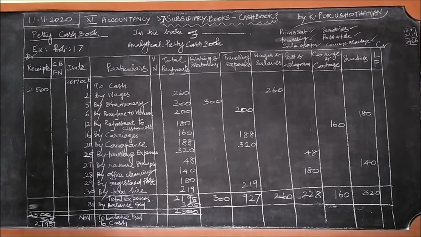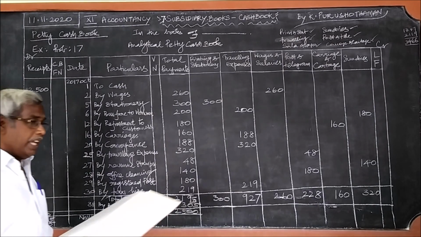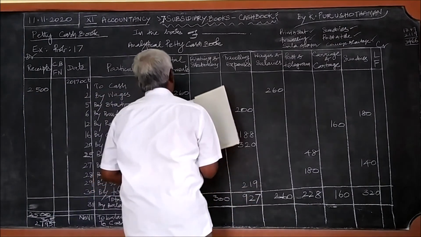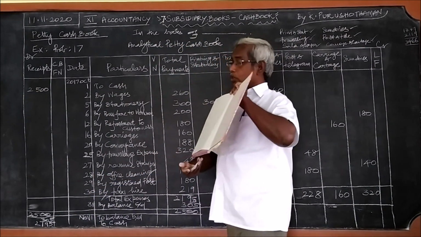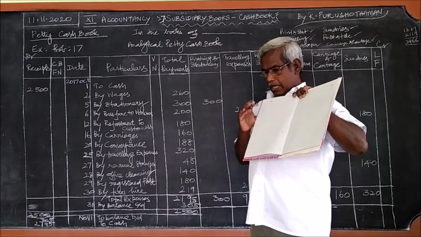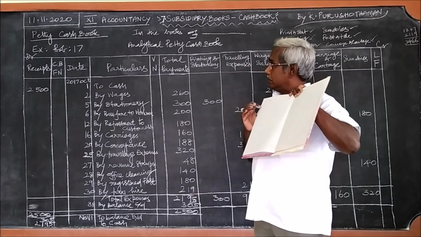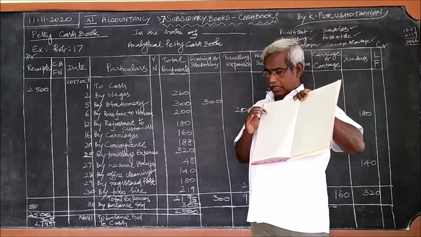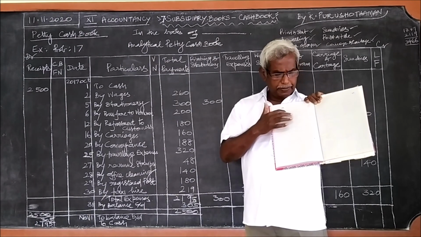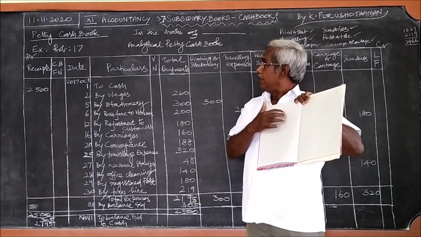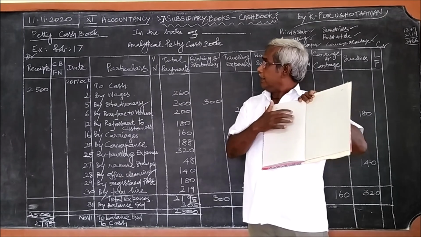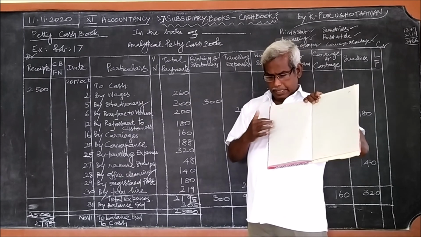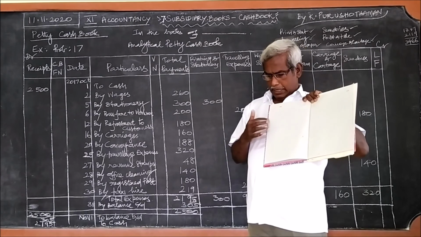And before that, how to use the notebook? So you take both the sides of the notebook. Take both the sides of the notebook. Here receipt, CDFN, particulars, then the next column VN, then here what I said, do you remember?